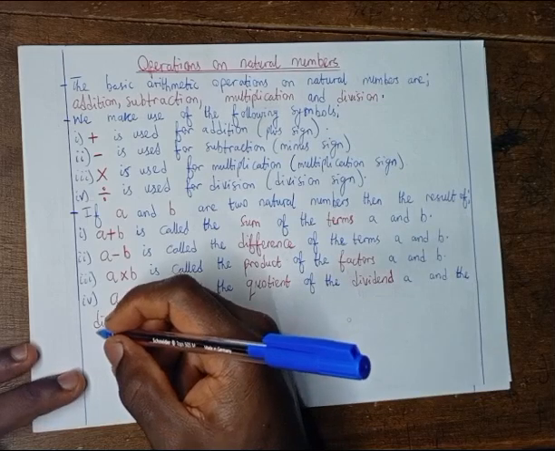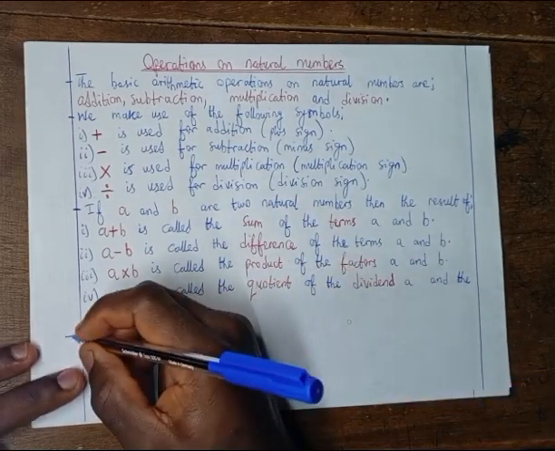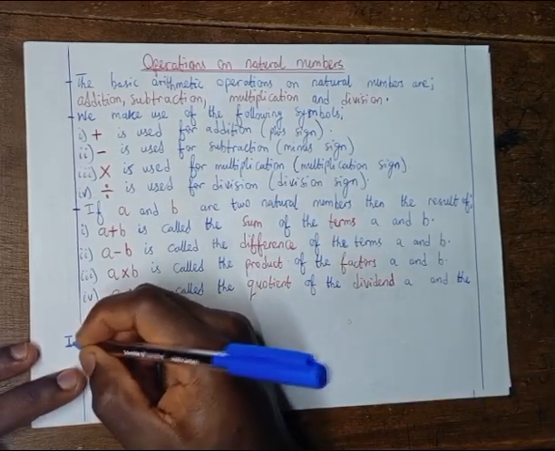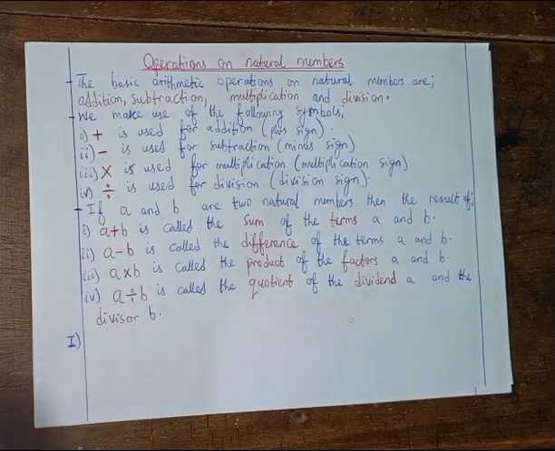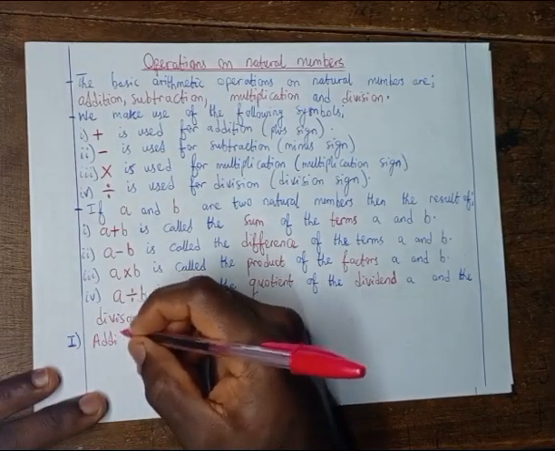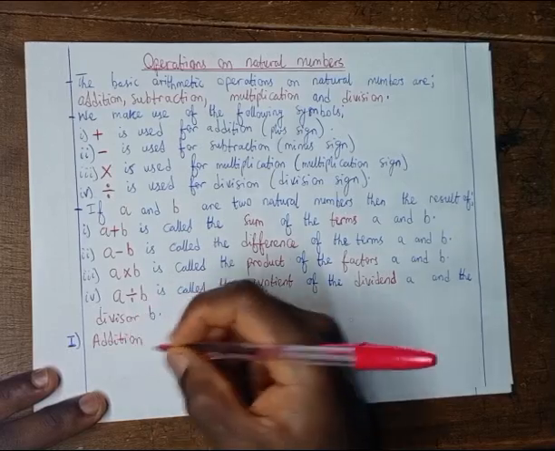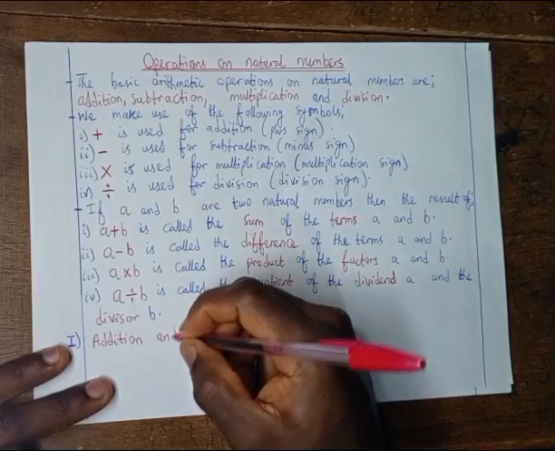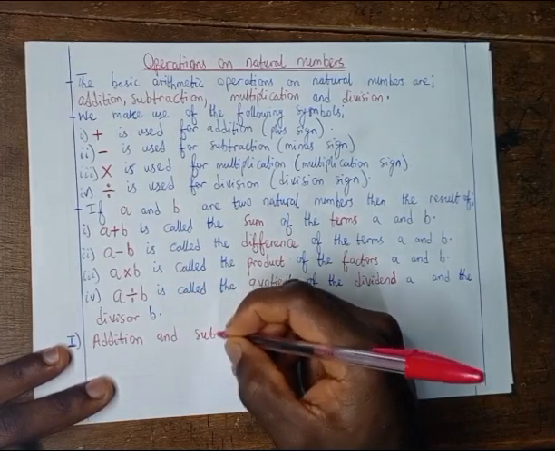Next, now let's take capital I, the first arithmetic operation, which is addition and subtraction. We treat them together, addition and subtraction.